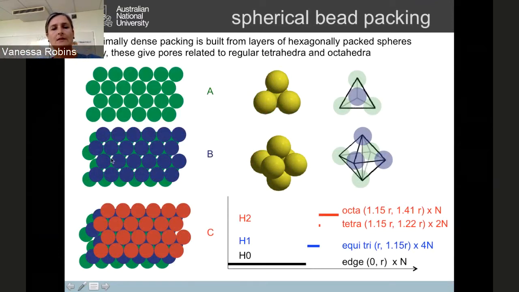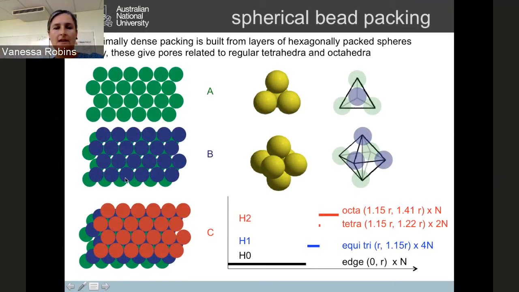then the second layer of hexagonally close packed spheres is going to sit in the dips formed by the first layer. Now when you go to add a third layer, there are actually two choices of where that third layer can sit.